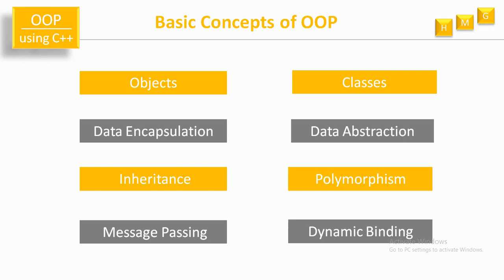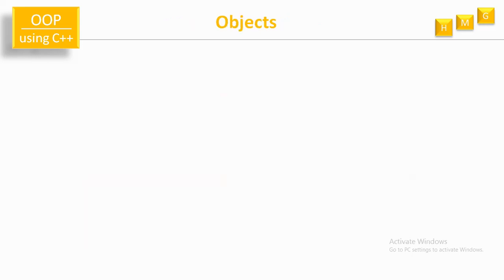So these are the 8 basic concepts of object-oriented programming. Let us see each concept in detail one by one.